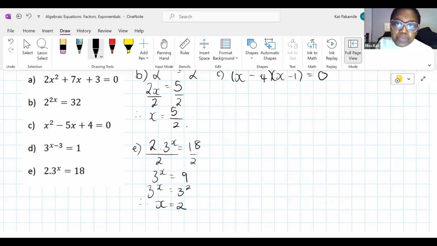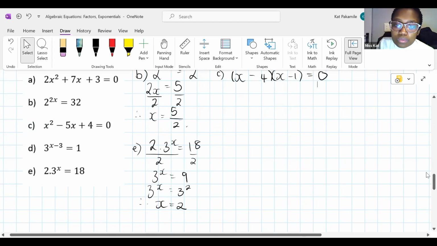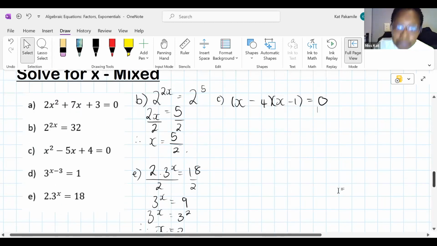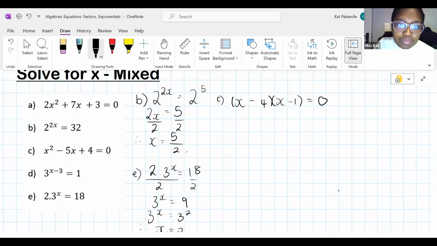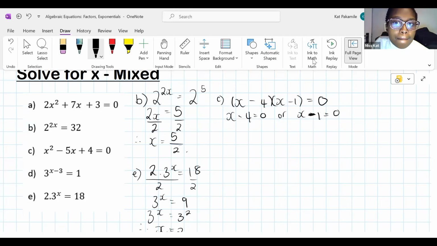Now what? Now, ma'am, we separate. We say x minus 4 equals 0 or x minus 1 equals 0. And then, ma'am, we bring down 0 and then we say equal. 0 equals positive 4.